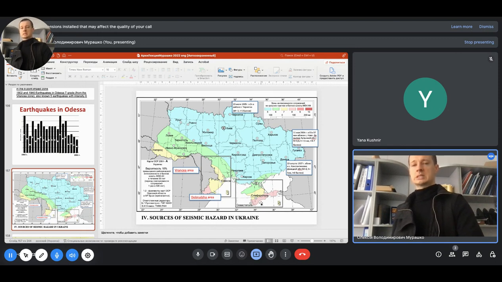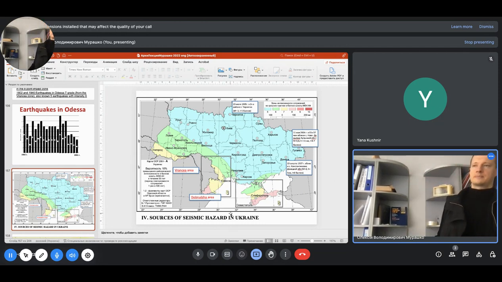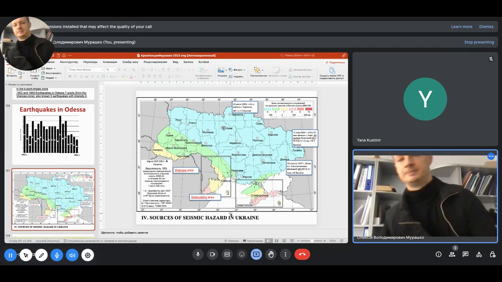Crimea earthquakes come from the crack which goes through the Black Sea. And here we can see the same crack which goes to Crimea from the Vrancea area, from our Carpathians. So our Carpathian and our Crimea earthquakes are connected with the same crack in the big tectonic plate.